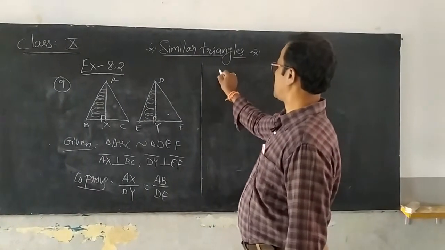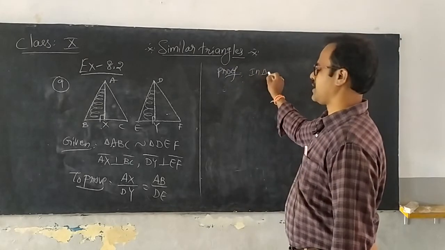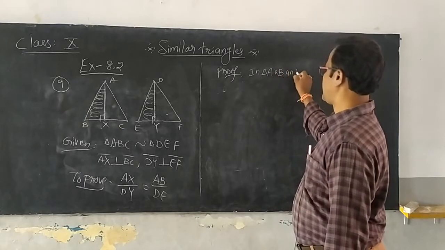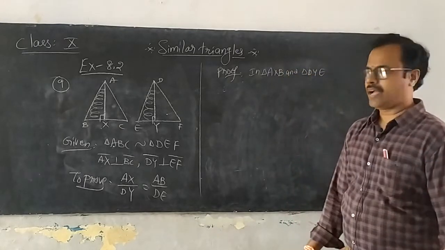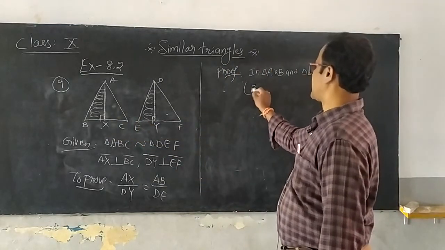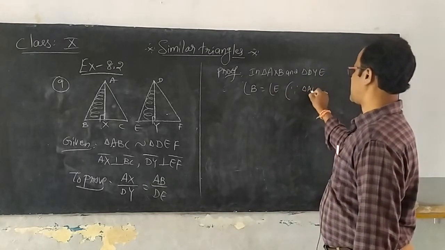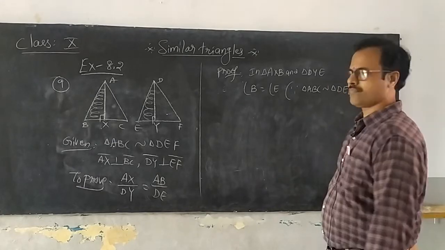Right. So, in the proof, I take triangle AXB and triangle DYE. I can take angle B is equal to angle E, since triangle ABC is similar to triangle DEF.